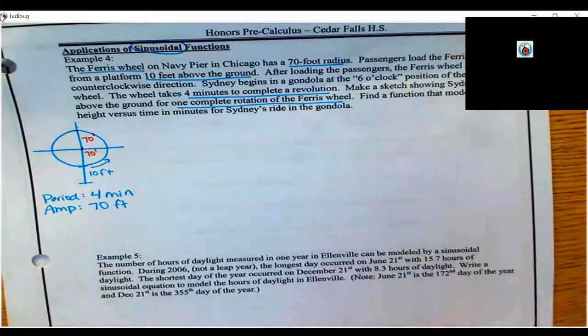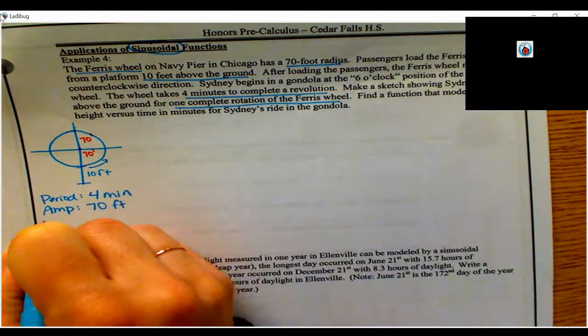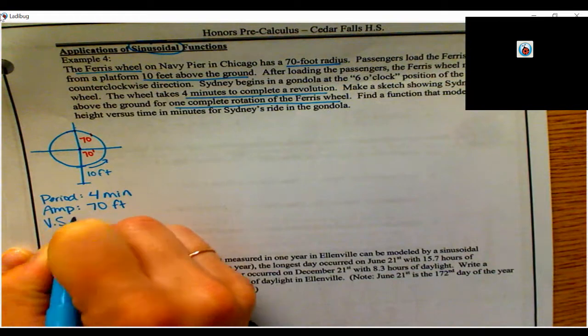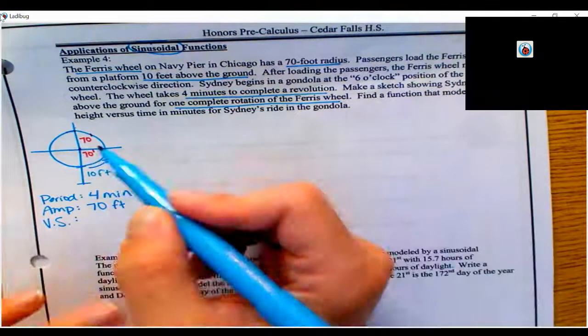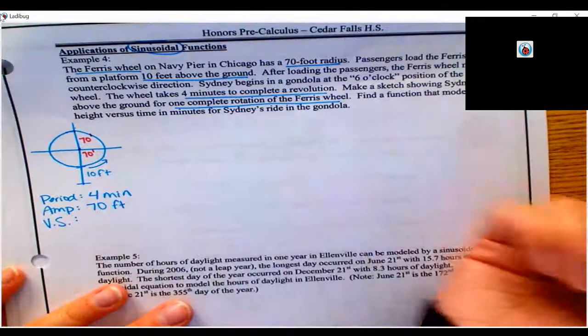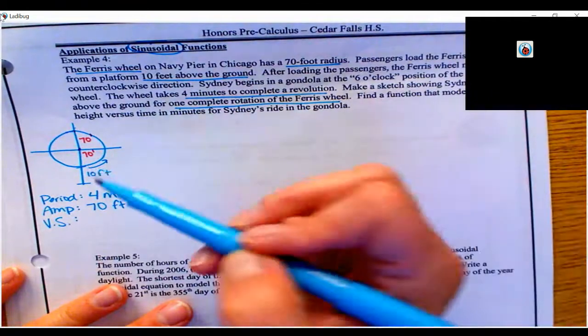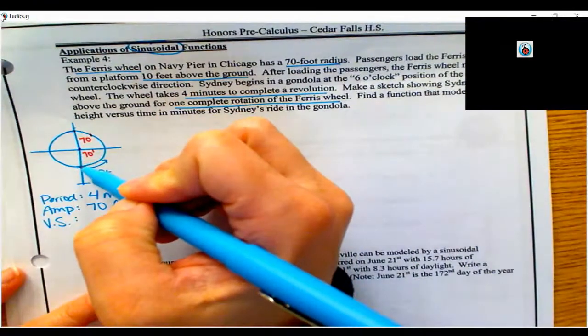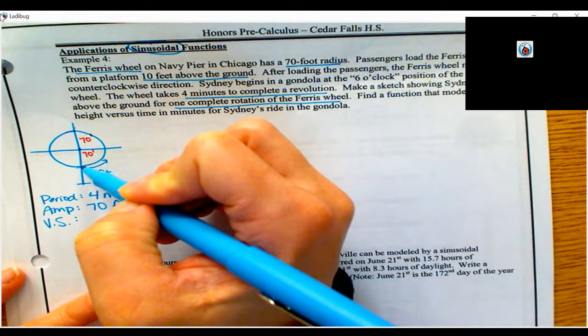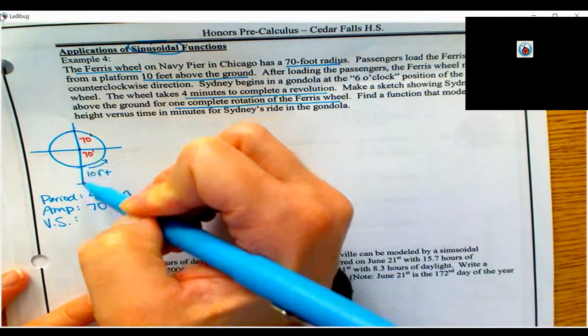But we got to think about the vertical shift a little bit, because that's a little bit trickier because of this 10 feet here. So if you can imagine starting here, you're up 10 feet from normal, but your midline, remember, is in the center.